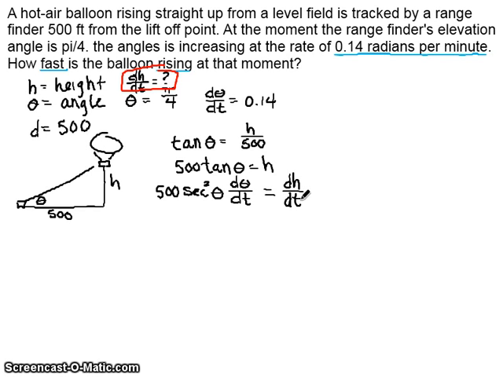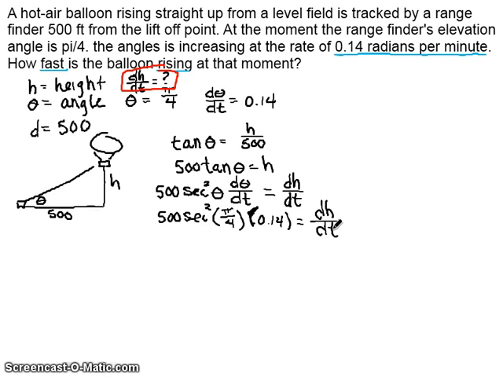Now, if you've done this correctly, everything should be able to be plugged in now. So now we know that theta is pi over 4, and we know that d theta dt is 0.14. So 500 secant squared of pi over 4 times 0.14 equals dh dt. Now, we don't have anything to plug in for dh dt, but that's okay because that's what we're trying to solve for.